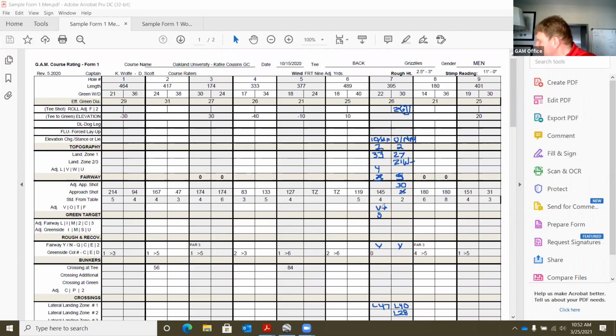So from 30 yards for our bogey player, our green target turns into a 3. So again, when we're looking up that value, for those of you that haven't done this before, you're looking at the green target chart. You need to know this effective green diameter here, and then the approach shot length for the type of golfer that you're looking at. So for under men, for a 30-yard approach shot for a 26 effective green diameter, we get to a value of 3.